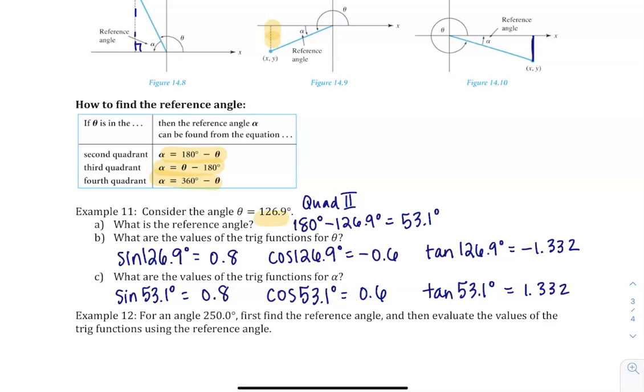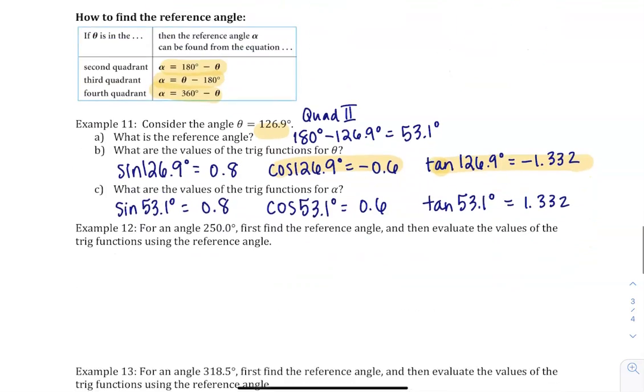So why is it that we were dealing with negatives when we were looking at 126.9? Well, go back to what's happening in the different quadrants. In quadrant 2, cosine and tangent are negative, but our alpha is always going to be an angle in quadrant 1. So you'll always get positive values for your reference angle, but not necessarily for the original angle.